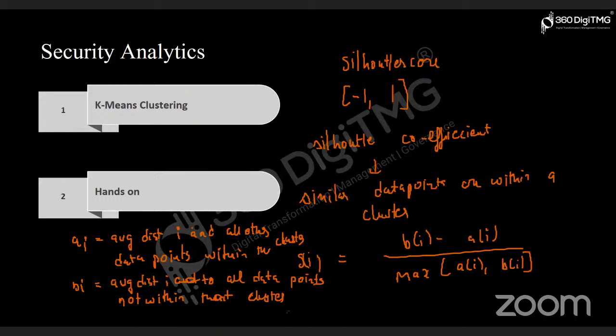Similarly, afterwards, you calculate the distance of B. The B distance is represented as the distance between I, our data point I, and all the other data points that are not present within this cluster. So whichever data point is not present within this cluster, you calculate the distance and then you take the average. So you're taking the average distance. Okay.